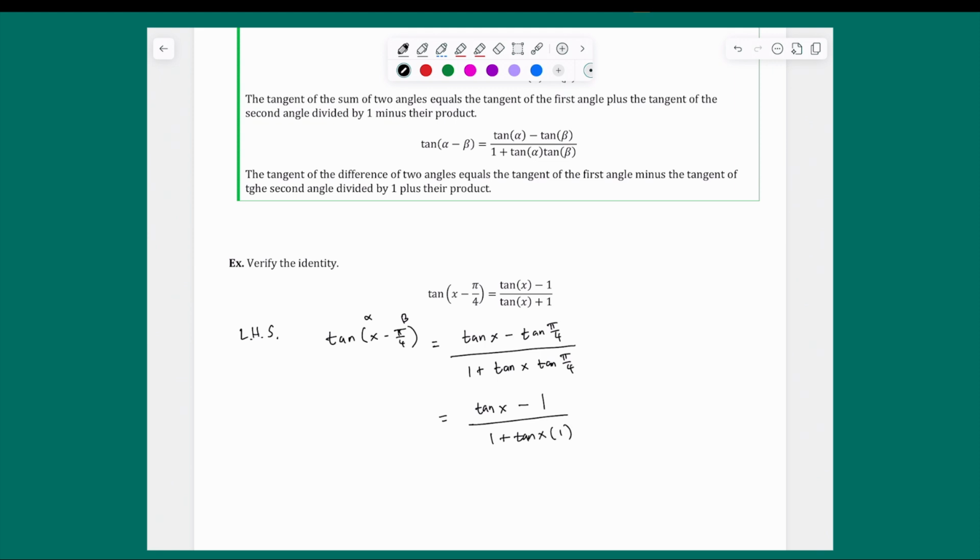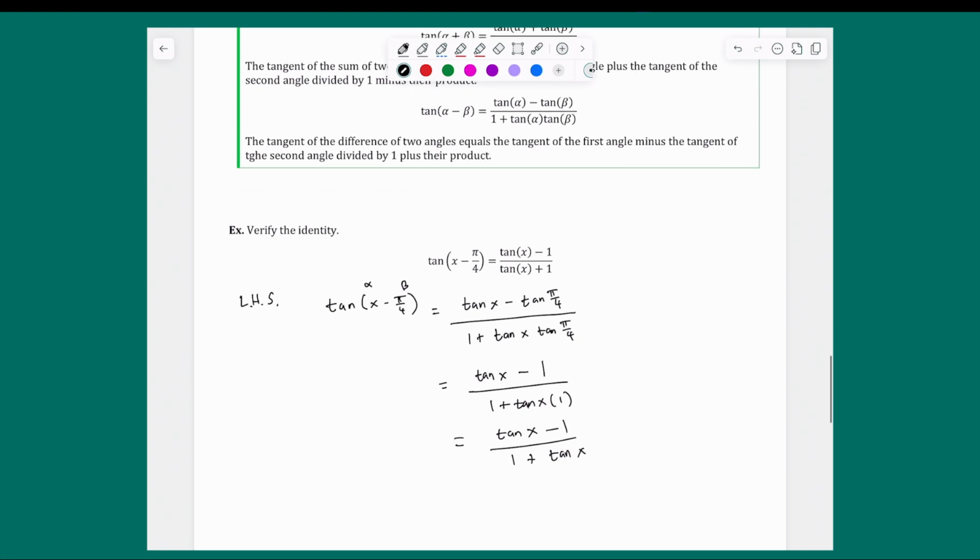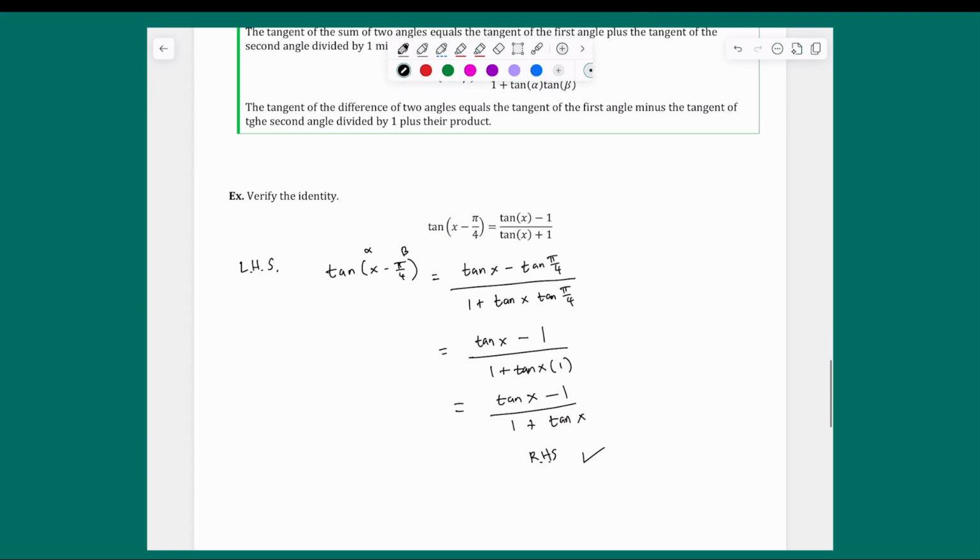Once again, it would be times 1 there, because tangent of pi over 4 is 1. All right, so it looks like we have what we want already, because we have tangent of x minus 1 over 1 plus tangent of x. And that's definitely the right-hand side, and we are done. Okay, that's it for this video.